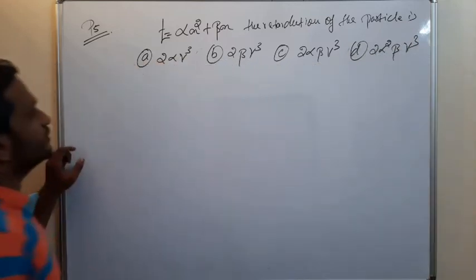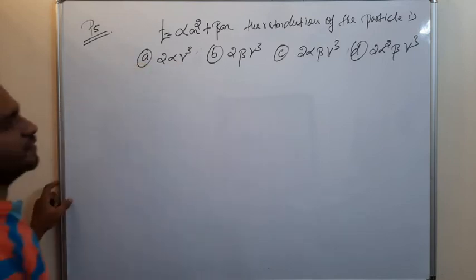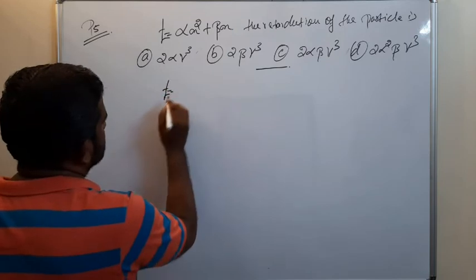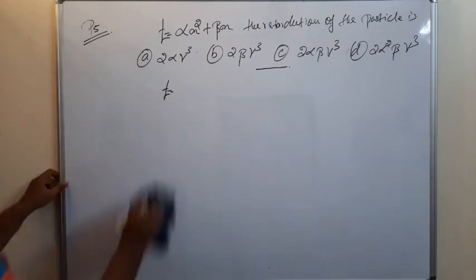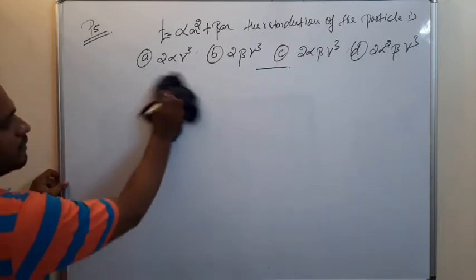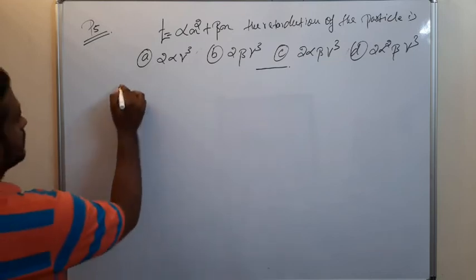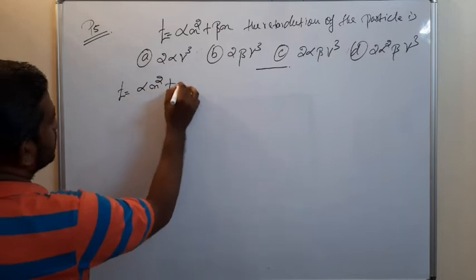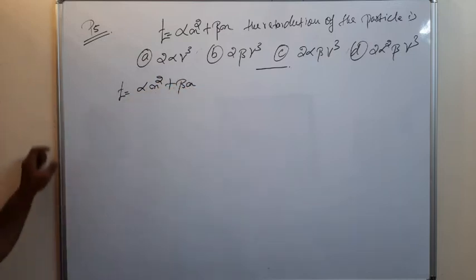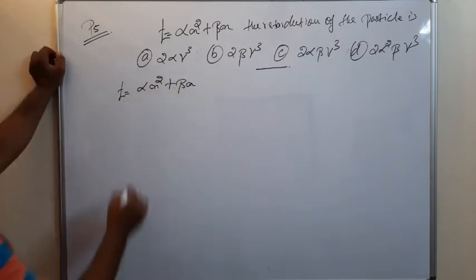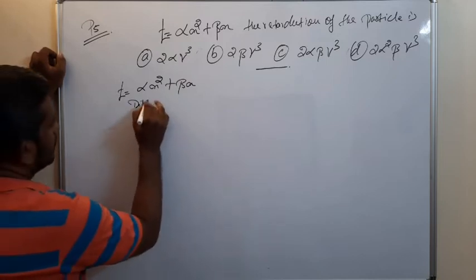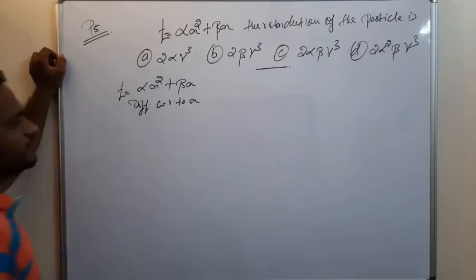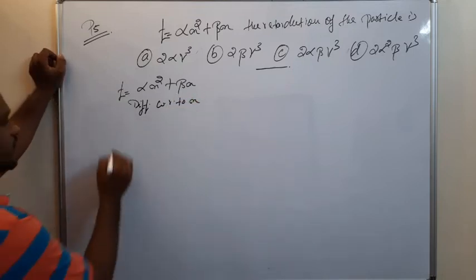So the relation between the time and the distance is given. We have to find the retardation. So t is equal to alpha x square plus beta x. Differentiate with respect to x.